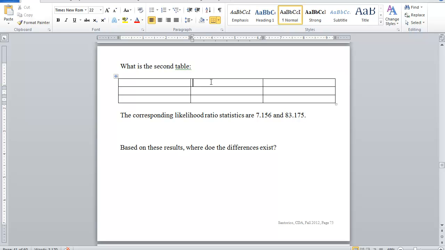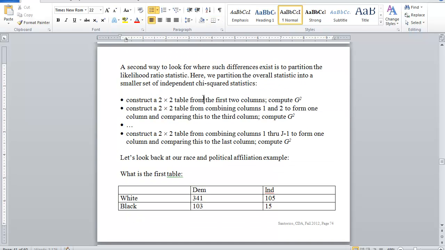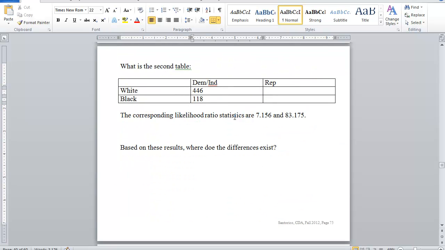This will be Democrats and Independents versus Republicans. We still have white voters and black voters. If you sum those up, you get 446 and 218. So 341 plus 105 is 446, 103 plus 115 is 218. So that's where I got this first column. And then I'm just going to pull the last column out.